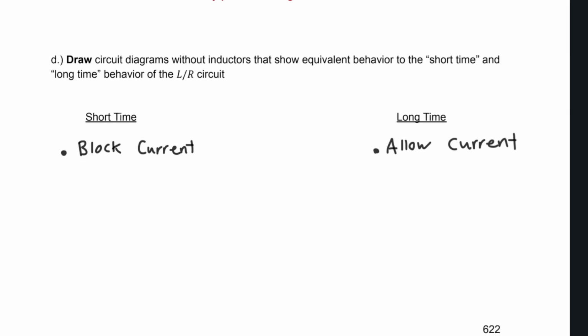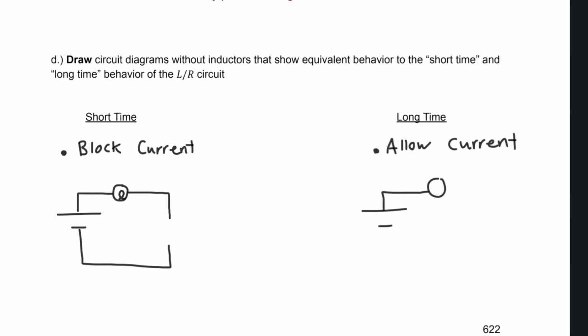So something that blocks current, well, that's just going to be a gap. So I'm going to draw my resistance here. Again, my inductor would go in this spot right here where there's a gap. So I'm just going to redraw that twice. And then we'll fill in or not fill in those gaps with something that mimics the behavior that we're looking for.